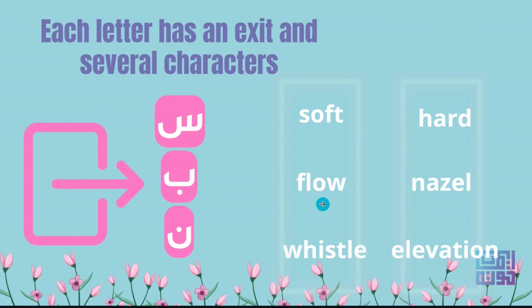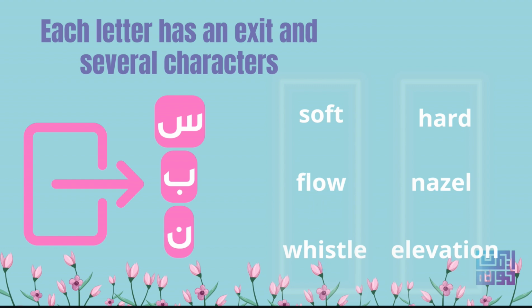But also the seen has a flowing of air. It has a whispering sound. Let's try. As, it has this whistling sound. And if you put your palm in front of your mouth, you will feel the flow of air.